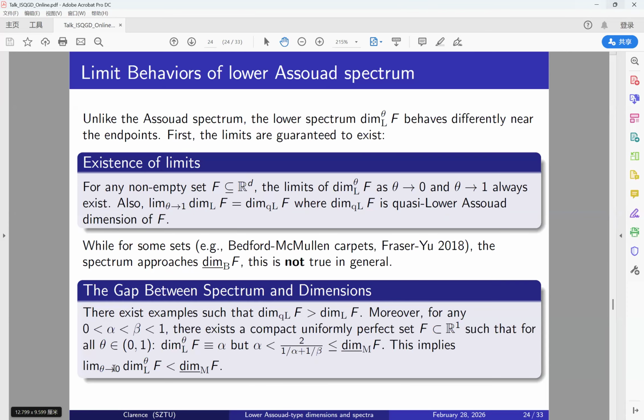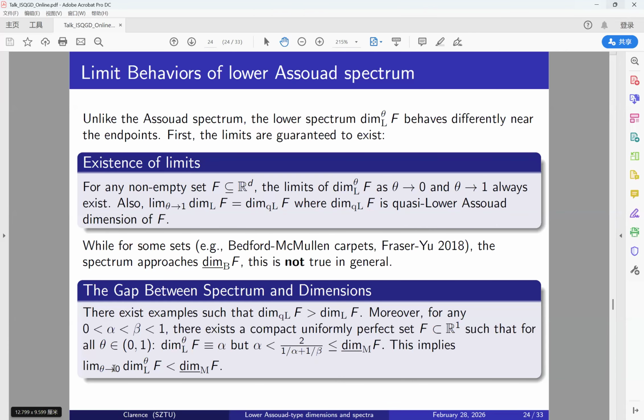So, as for the lower spectrum, although it is good enough to recover some part of the interpolation, it fails for two parts: the lower dimension and the lower box dimension.